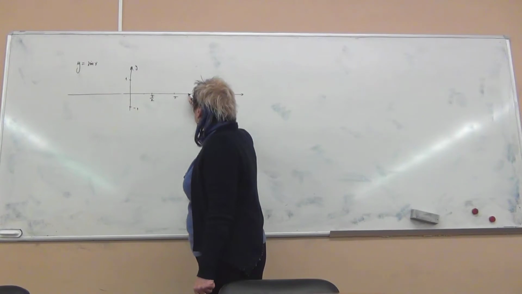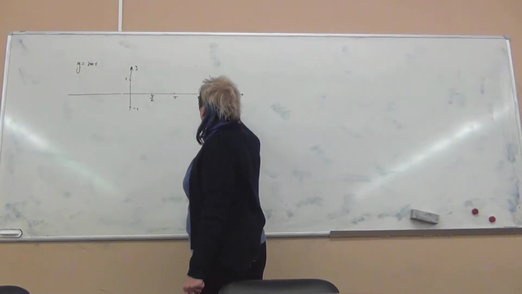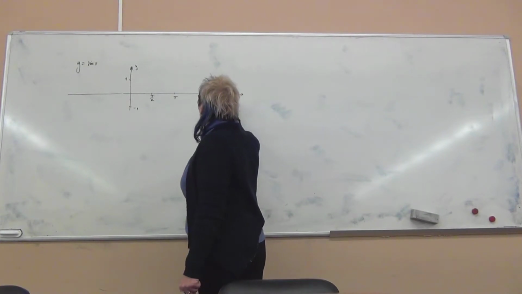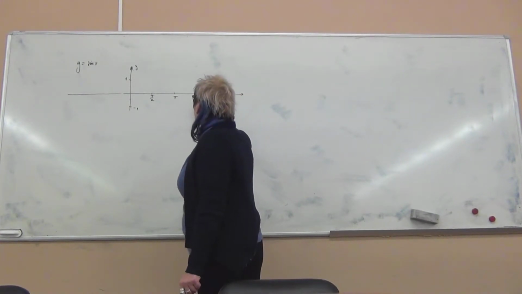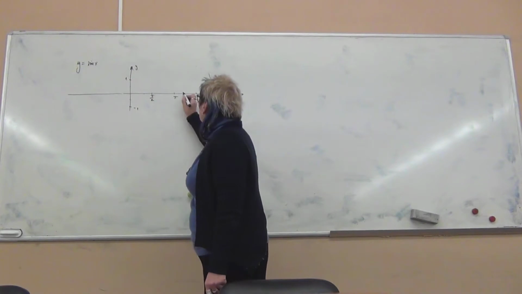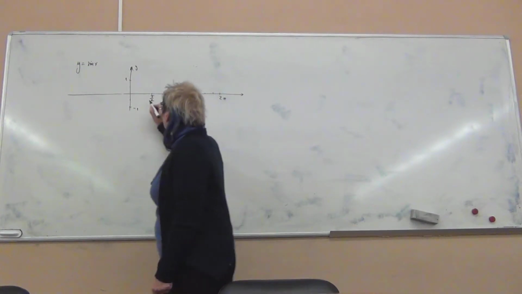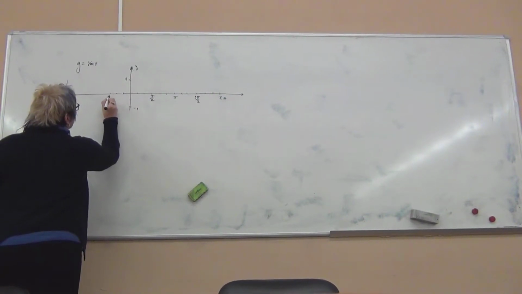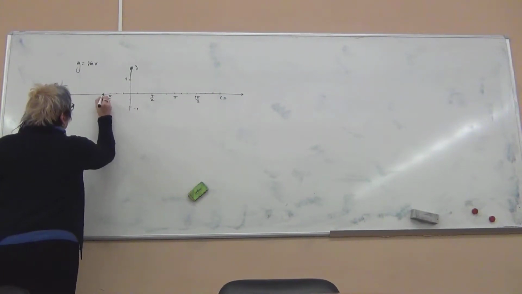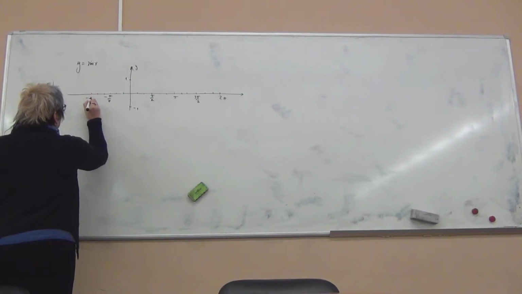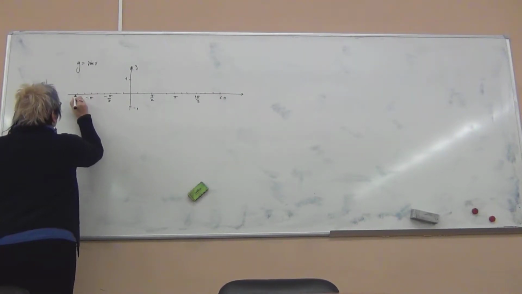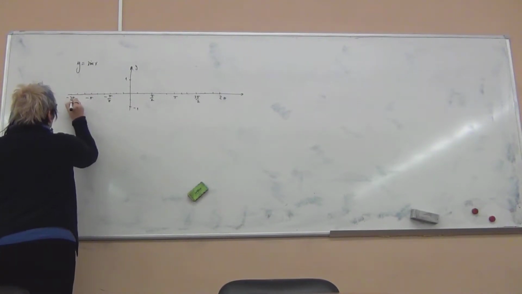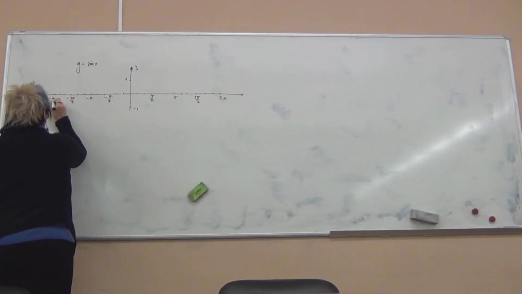So if we want to measure accurately, then this will be 2 pi, this will be 3 pi halves, more or less like this. 1, 2, 3, that would be minus pi half, 1, 2, 3, it's minus pi, 1, 2, 3, minus 3 pi halves, 1, 2, 3, minus 2 pi.